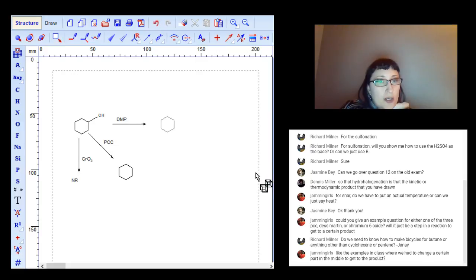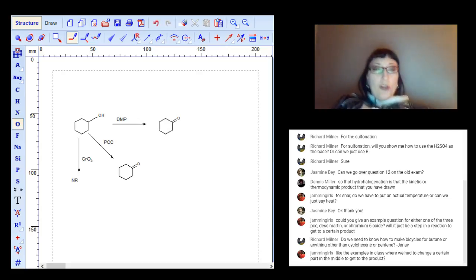And then the pyridinium chlorochromate and the Dess-Martin periodinane would do the same thing, which is just oxidize it down one step from the alcohol to the carbonyl. That's it. We didn't learn a mechanism for it. I'm not holding you responsible for a mechanism for it. You can find it online if you're interested. So hopefully that makes sense.